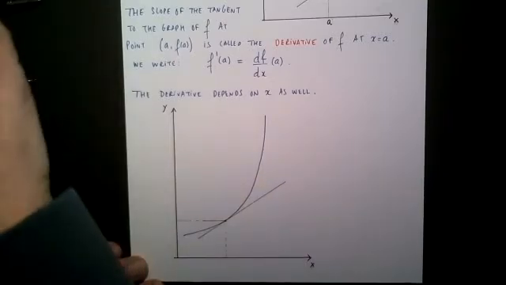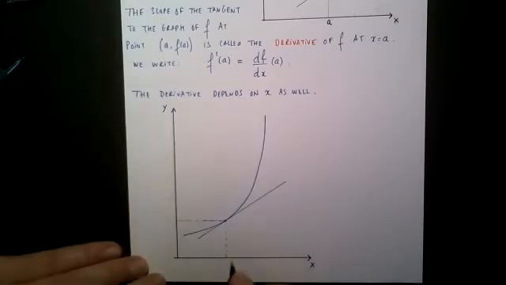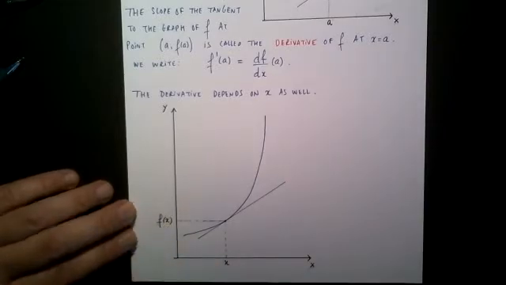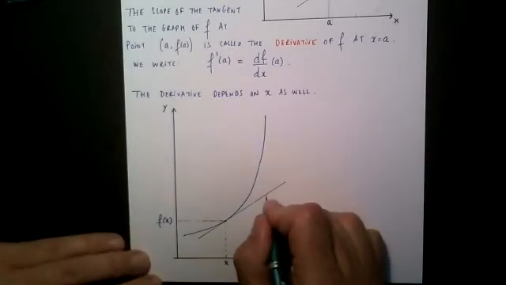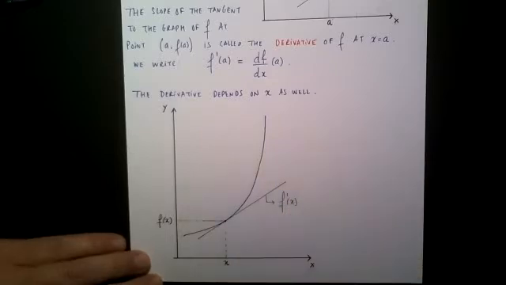So now I'm going to call this any random point, so I'm going to call it x. And this here, of course, will be f of x. Any questions? This slope here will be what we call f prime of x.